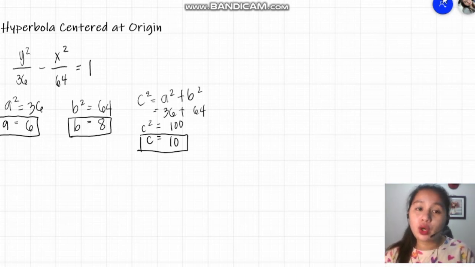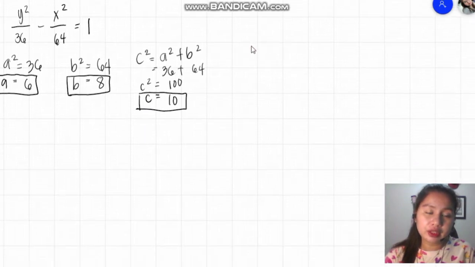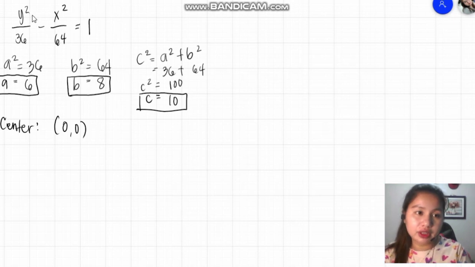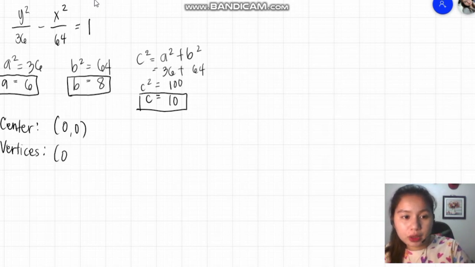Okay. So, since na-identify natin si a, b, and c, pwede natin i-identify yung ating center and yung mga kailangan pang points. Ang center natin lagi ay 0, 0, kasi nga, center at origin tayo. X saka y lang yung given. Next is si vertices. Since this is a vertical hyperbola, ang formula natin ay 0, a, and then 0, negative a.